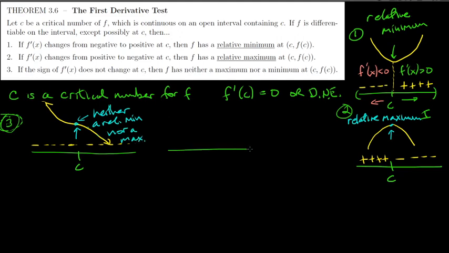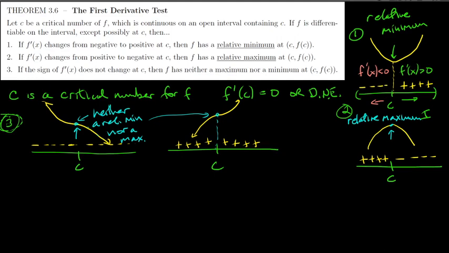And it didn't matter that the derivative was negative. Suppose the derivative was positive, both to the left and to the right. Now the graph might look like this, in which case at c itself, at this point here, again, not a minimum, not a maximum. It's neither. Okay, so those are the three possibilities.